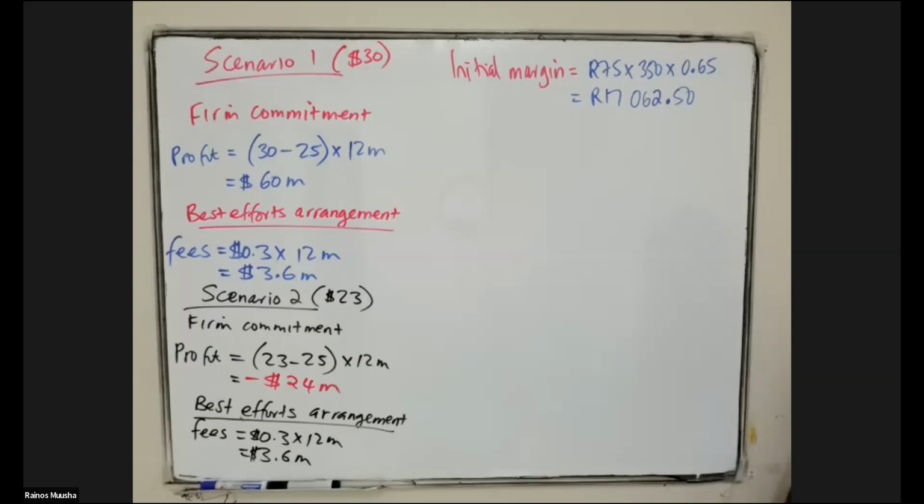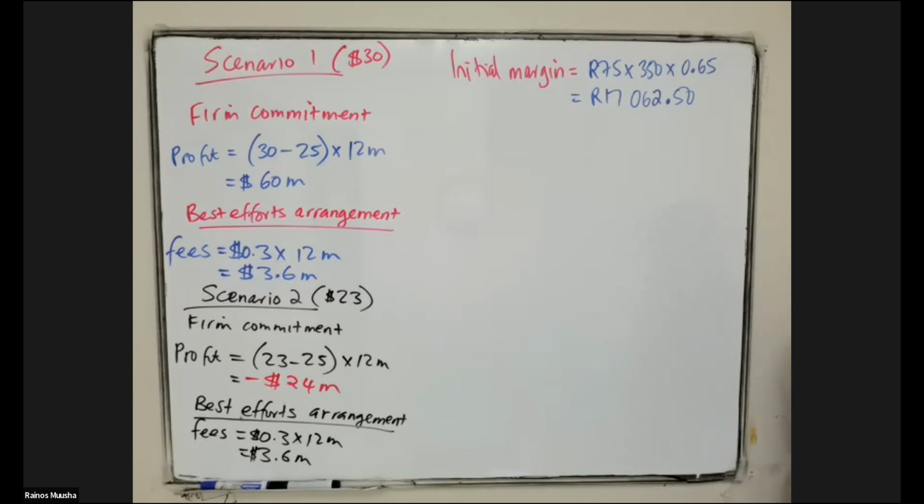On the second part of the question, they say indicate at what price there will be a margin call. So they also ask us to indicate at what price we are going to be receiving a margin call.